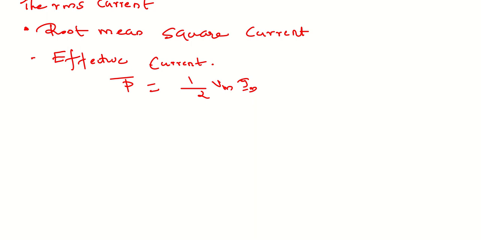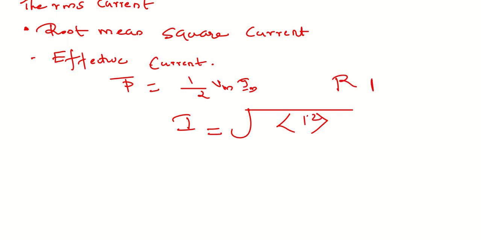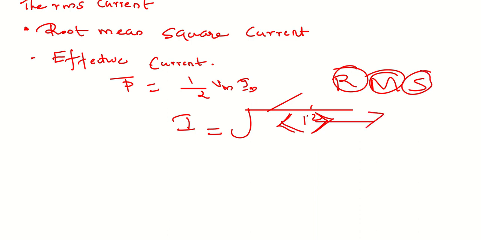RMS current means I is equal to the square root of the average, the mean, of the square of current. So RMS is root mean square: first we take the square, then the mean, then the root. So you understood RMS of current means root mean square.